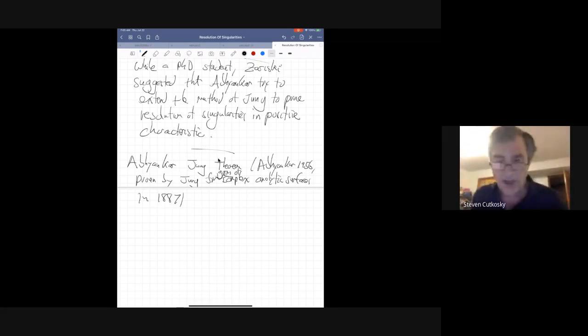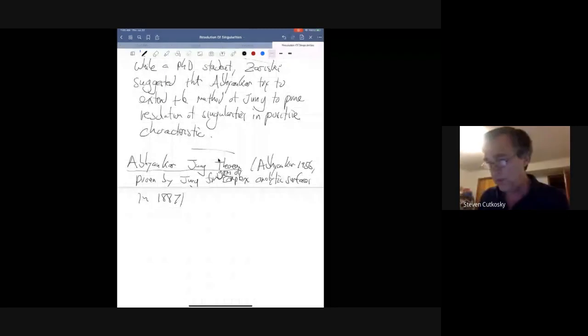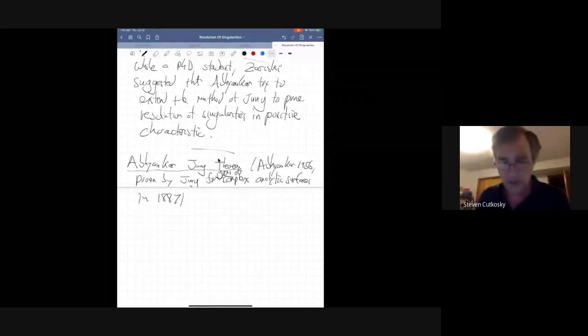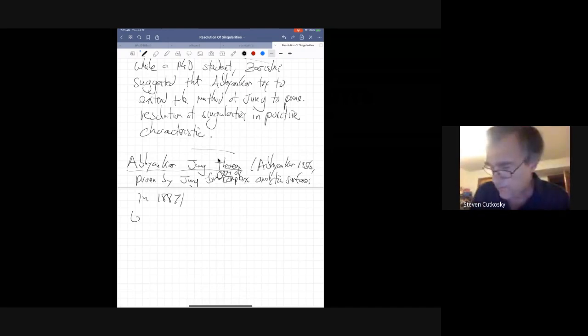Okay, and in fact, whenever people talk about this theorem, what they ascribe to him is actually much weaker than what he actually proved, which I will state here.